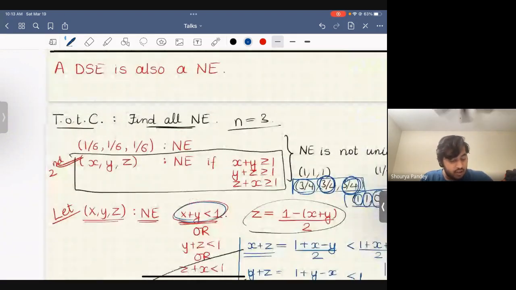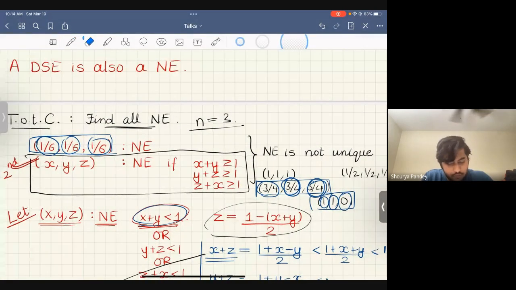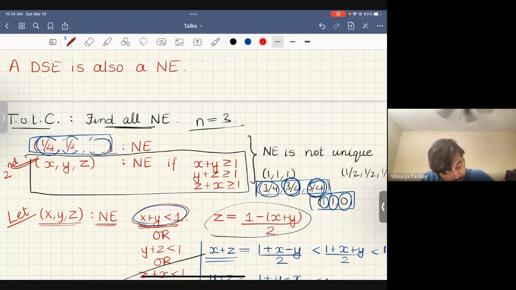While this is a different sort of Nash equilibrium, where we derived that if these two values are 1/4, then it's best for this to be 1/4 as well. Sorry, it's 1 over n plus 1. We derived the 1 over n plus 1 thing.